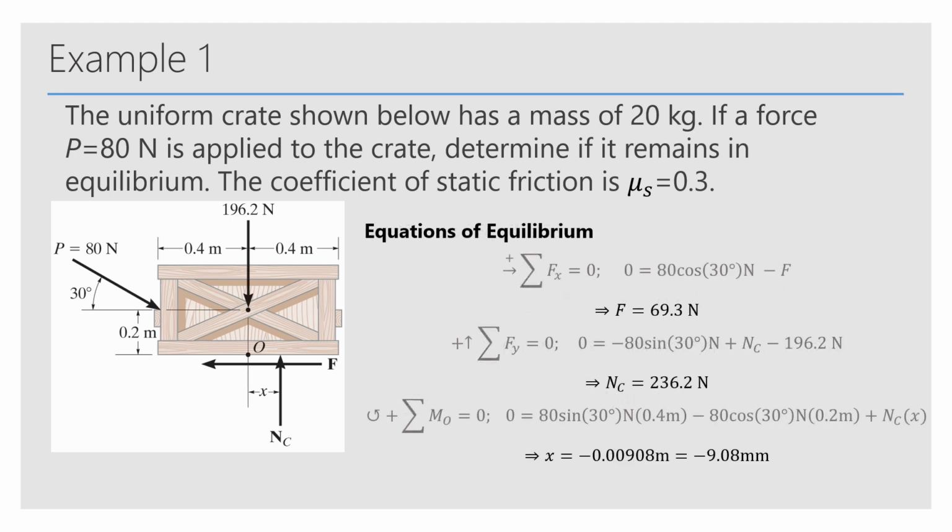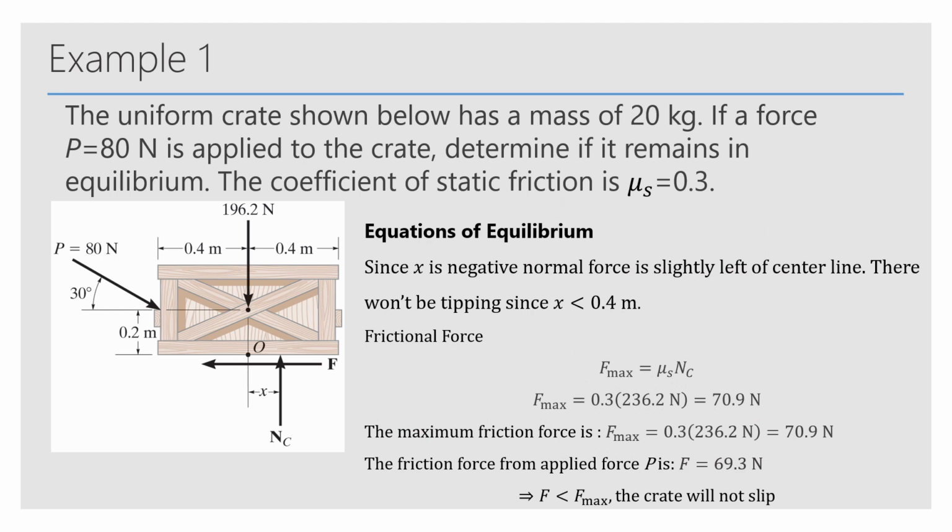You get that the frictional force here is 69.3. The normal force acting on the crate is 236 newtons, and then we get that there's a distance of about negative 9.08 millimeters that the normal force is acting on the crate.